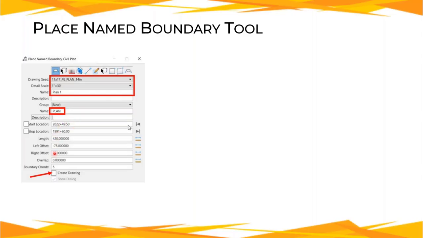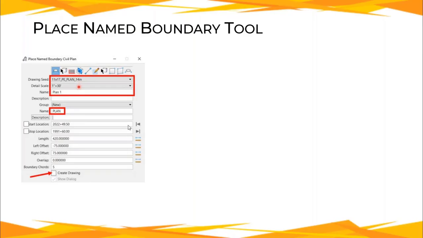Then all these items down here focus on the length and the offsets and the overlap, things like this. These values here, really these four, the 420, the -75, and +75, are controlled by these two things up here, the drawing seed and the detail scale. So the size of the area that you can occupy in the sheet and the detail scale control these dimensions, and it maintains the aspect ratio of the seed files.